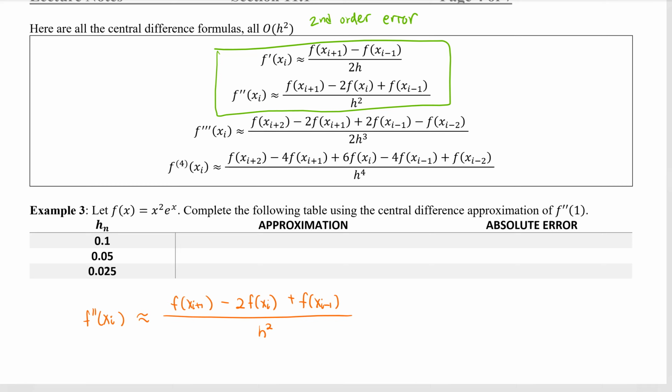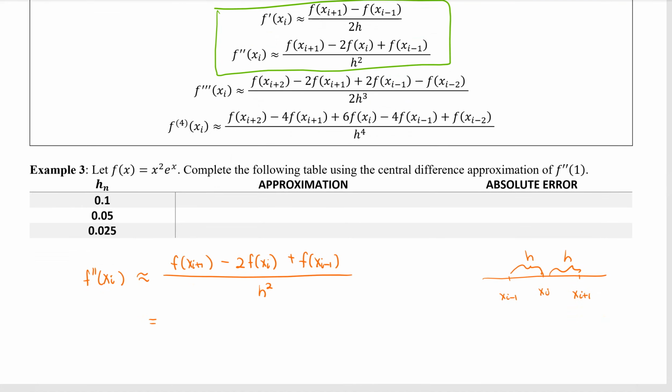Okay, and here we have 3 points. We have xi, xi minus 1, xi plus 1. And the difference of them are also h. h is still the step size. So that's why here xi plus 1 is actually xi plus h, and xi minus 1 is actually xi minus h.